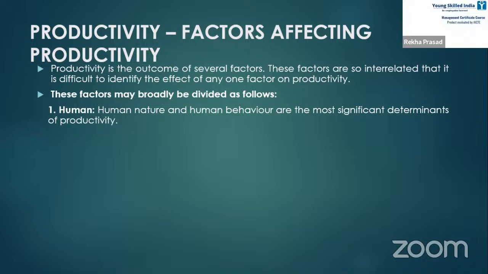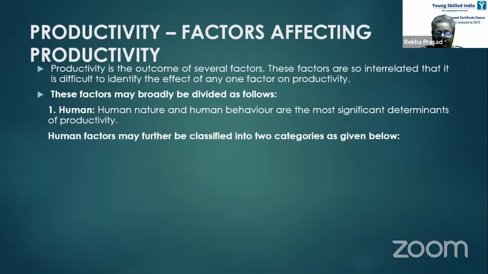But someone must have made the algorithm, and on that algorithm, things are being further developed. So the human factor is the most important factor in maximizing productivity. Human nature and human behavior are the most significant determinants of productivity.